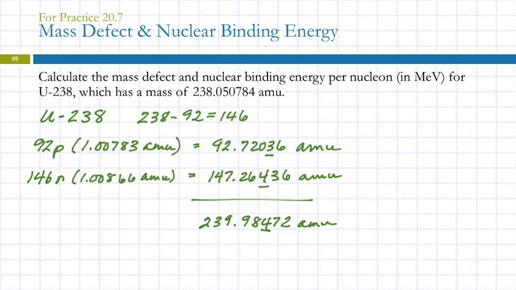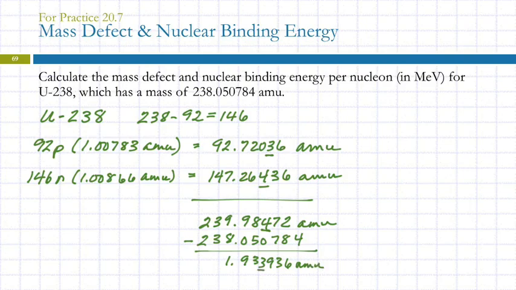The actual nucleus weighs 238.050784. So we're going to take the sum of the nucleons, the expected mass, and subtract the actual mass. And we're going to come up with 1.933936 atomic mass units.